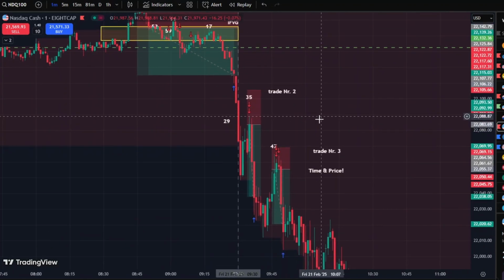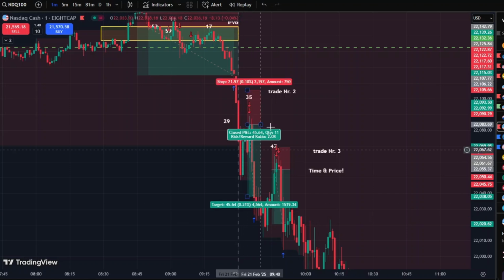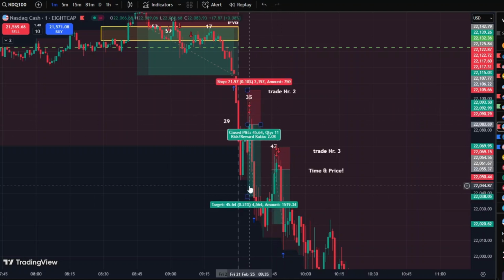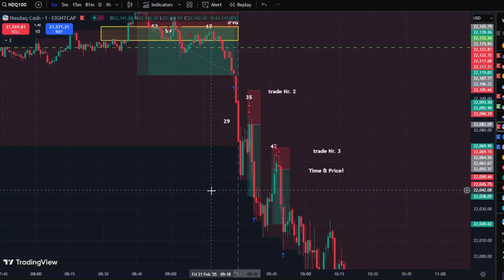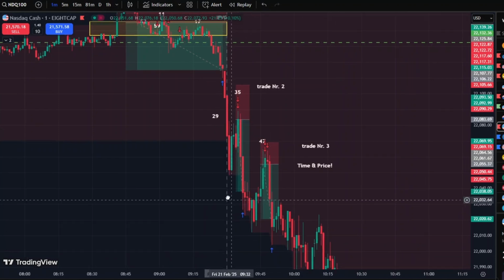So the reaction was this one at 35, which is CE time. So GP time fair value gap with a CE time reaction. I went in, like you see, it took only 2 minutes, and that's it. In 2 minutes, I got my target hit.